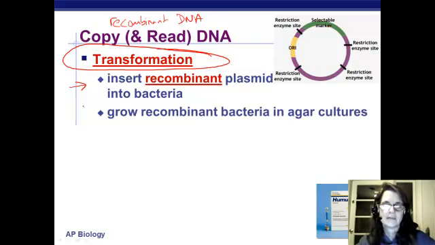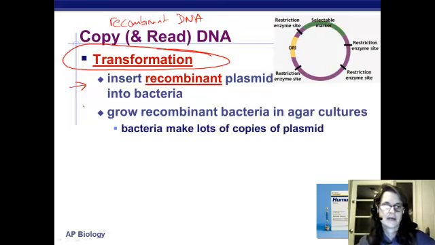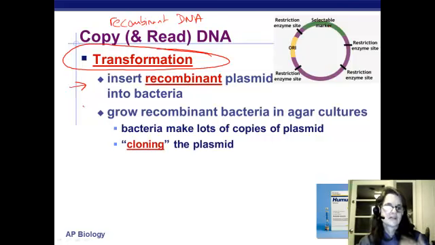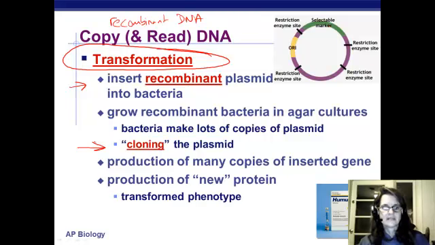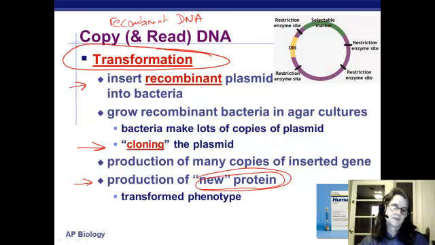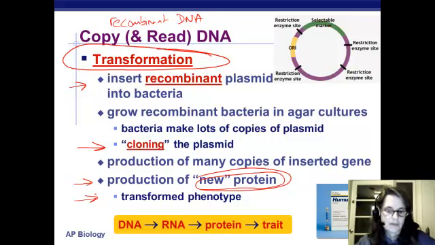We're going to grow that bacteria in cultures, and that bacteria, when it is growing, is going to make lots of copies of that gene. And so essentially it's going to be cloning that genetically engineered plasmid that we made and make tons of copies of it. Plus, while it's doing that, it's also going to be making bunches and bunches of the new protein that we want. And we are going to have a completely transformed bacteria. It's going to have a new physical characteristic. It's going to have a new phenotype, if you remember your genetic language.